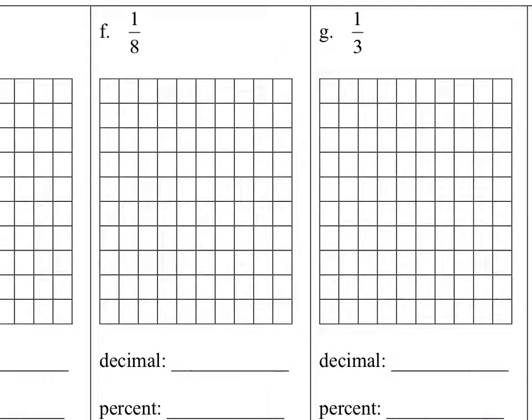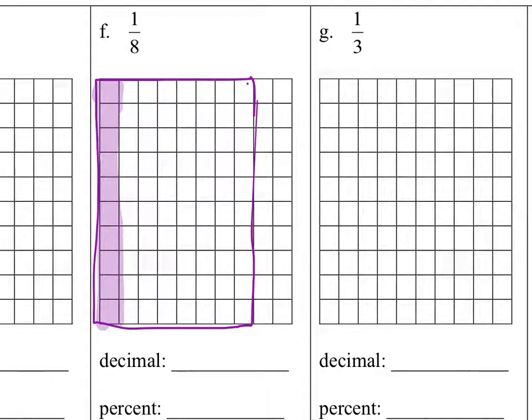All right, so F, this one wants us to shade 1 out of every 8 parts. If we can look at this and identify 8 of the parts, particularly for me, I'm going to identify 8 of these rows. Then I know that I need to shade in 1 out of the 8. So there's my shading, 1 out of the 8.